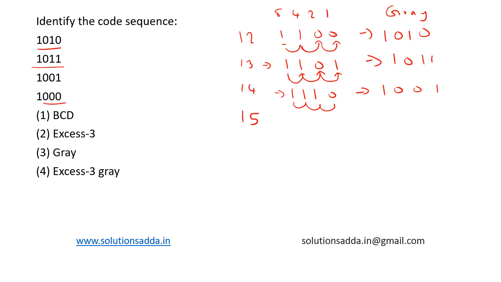This is 14. Here this is 12, 13, 14, and this is 15. 15 is 1111. We keep the MSB as such, and 1 XOR 1, 1 XOR 1, 1 XOR 1 are all 0. So this is the gray code representation of 12 to 15. Based on the options, option 3 is the right choice.